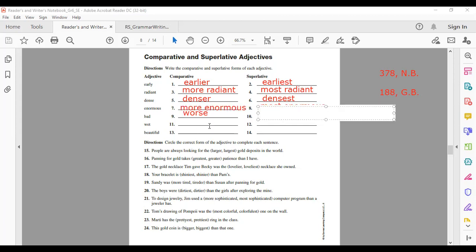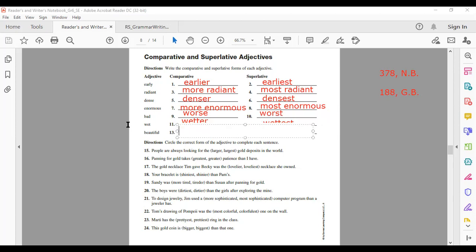Then wet. Wetter. What should I do with the T? We double it. Double T. Wetter and wettest. Beautiful. More beautiful. Most beautiful.